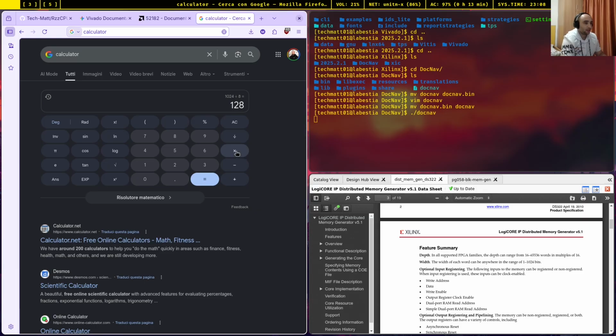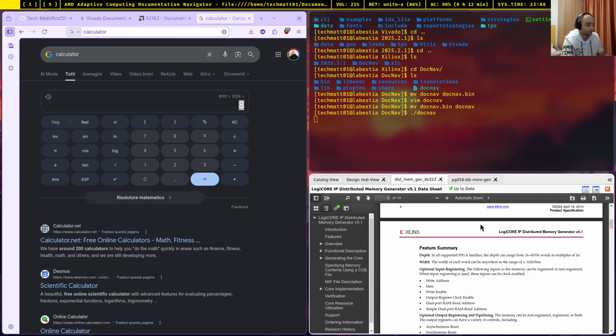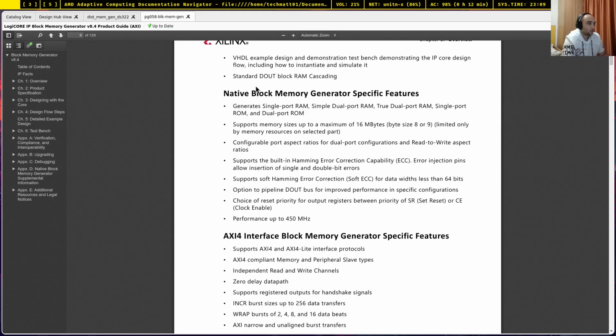If we multiply that by 65,536, this is this amount of bytes. If we divide by 1024, it's 8,000 kilobytes, which if we divide by 1024, it's 8 megabytes. So we could make 8 megabytes of DRAM or 16 megabytes of block RAM.